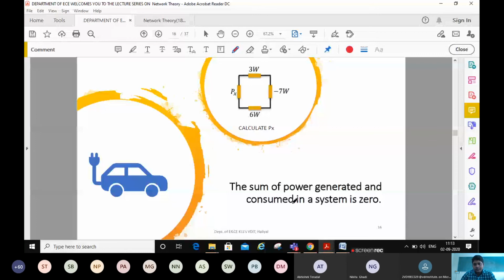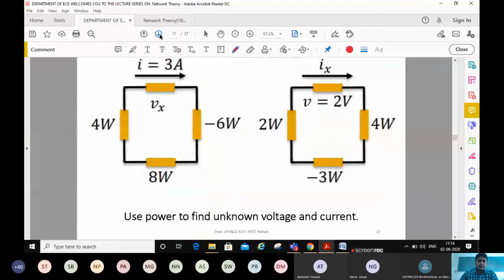So Px will be minus 2, which means the summation of P of n equals 0. Writing it as Px plus 3 plus minus 7 plus 6 equal to 0, Px turns out to be minus 2 watts.